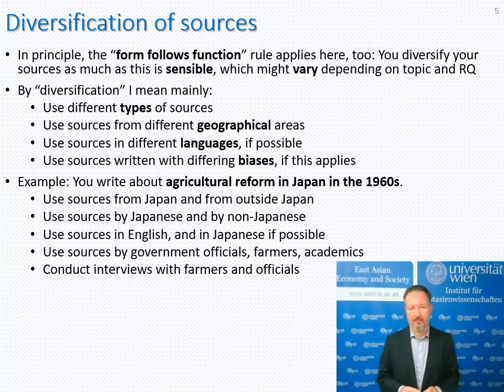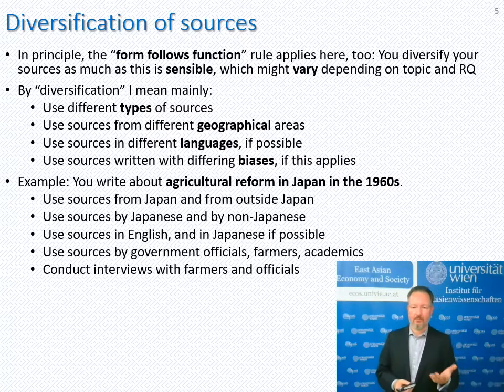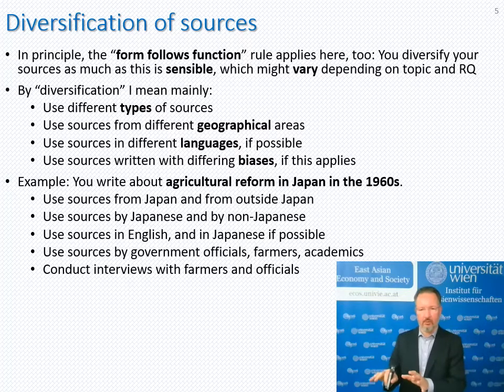So I have an example here, basically highlighting what I have just said, looking at the case of agricultural reform in Japan in the 1960s. I just made this up. So you would use sources from Japan, but also from outside of Japan, perhaps from East Asia and perhaps from the US and from Europe and so on.